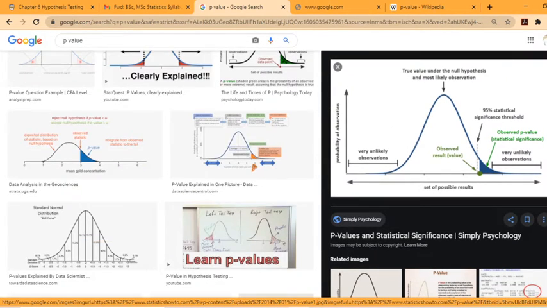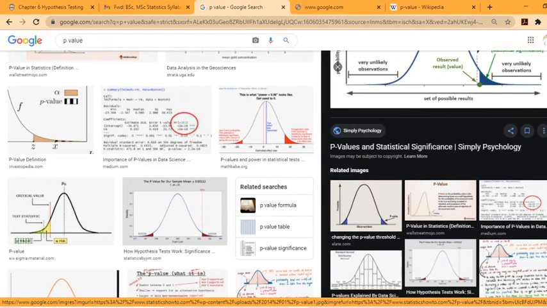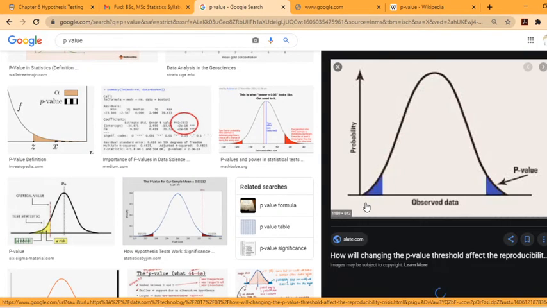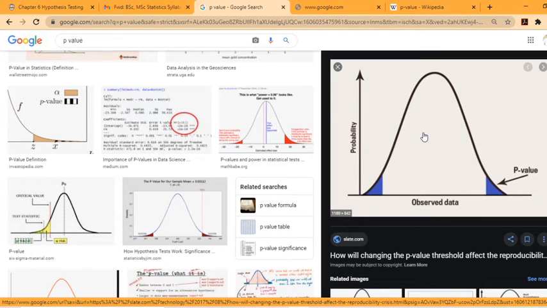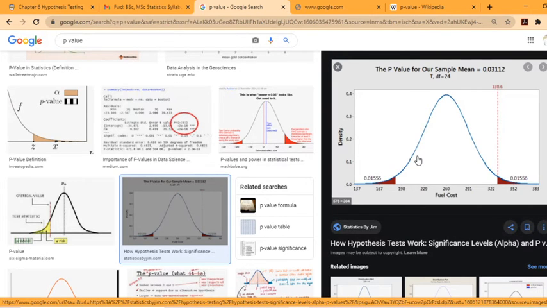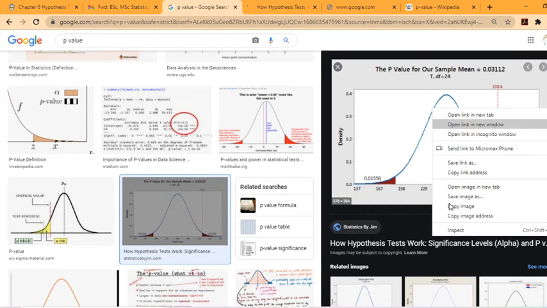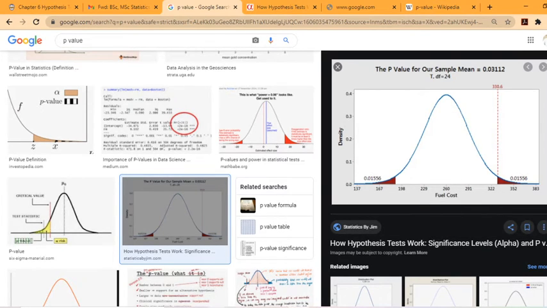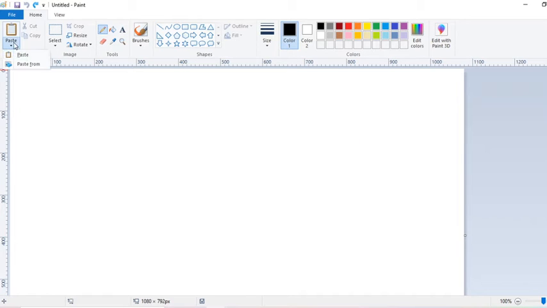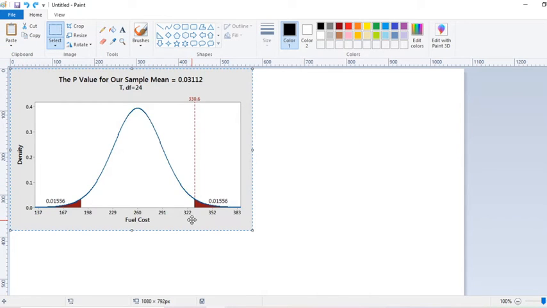Let's take another figure that will be useful for understanding the concept. It is not clearly mentioned, so for this example we can consider this picture.